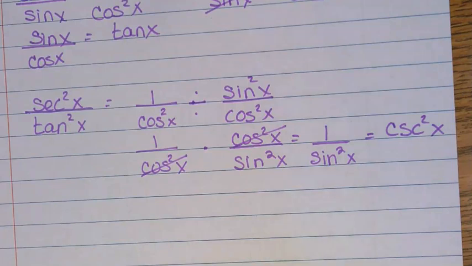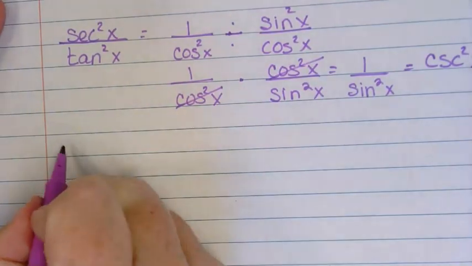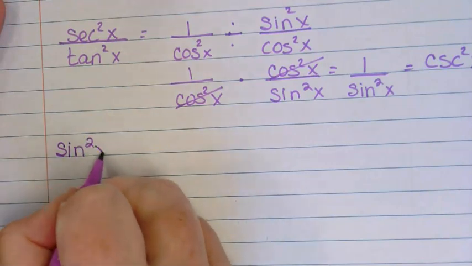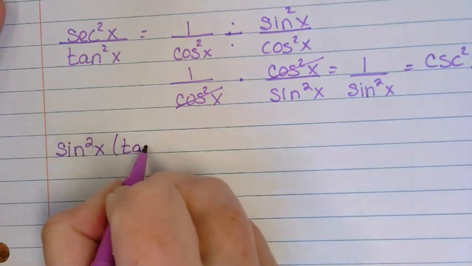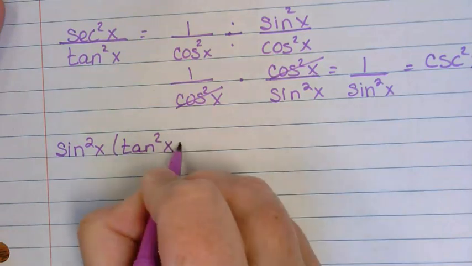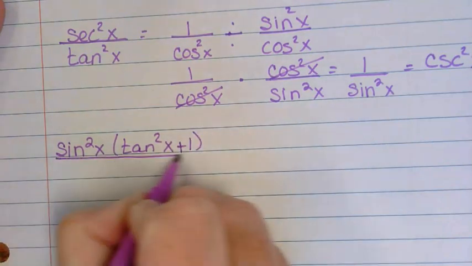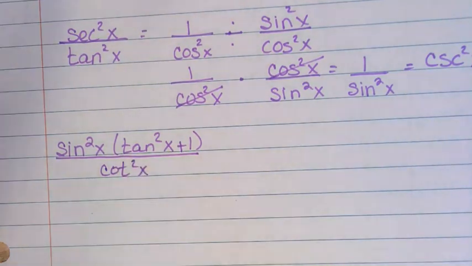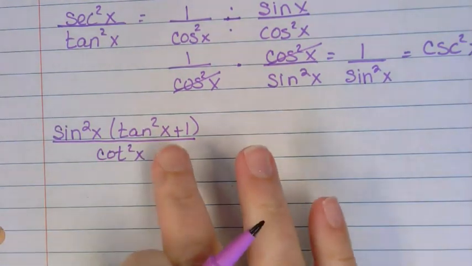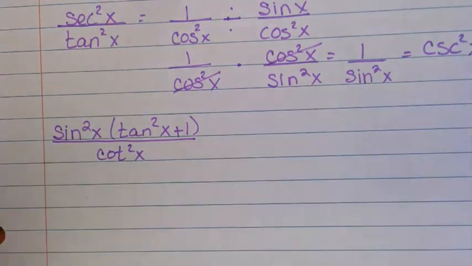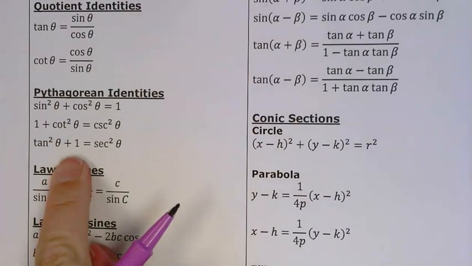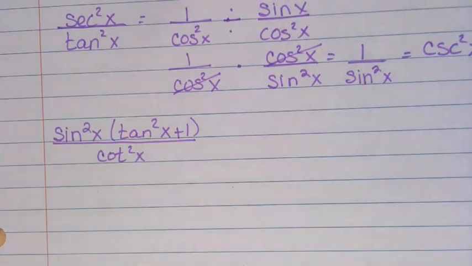Okay, and one last one. Sine squared x times tangent squared x plus 1, all over cotangent squared x. Okay, so we have a squared and a 1, and we just talked about this one: tangent squared plus 1 is secant squared.